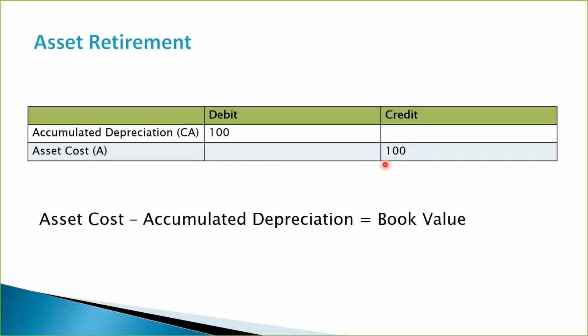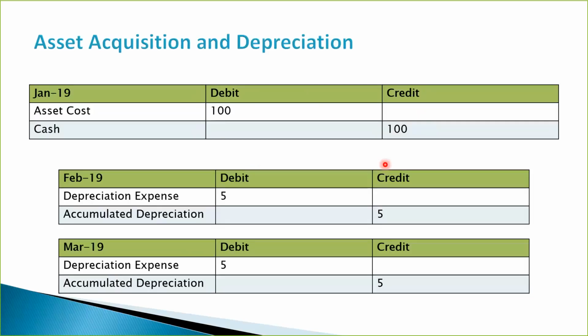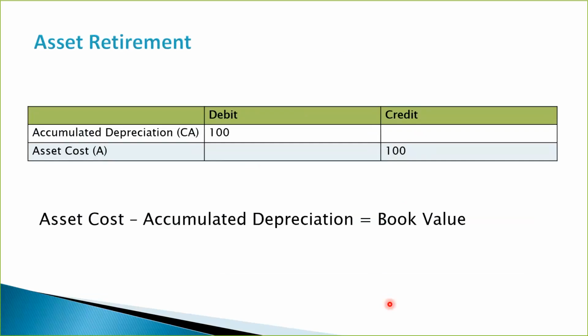So it has been accumulating a credit balance from these depreciation entries. You can see accumulated depreciation 5 for March, it's going to be 5 for April, if that's what the method dictates.